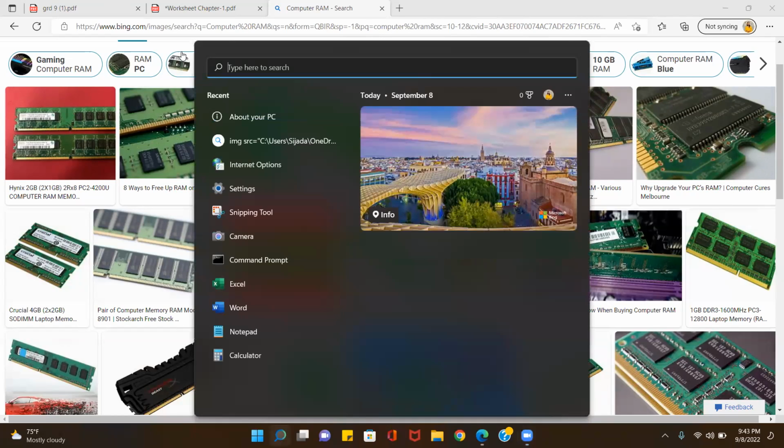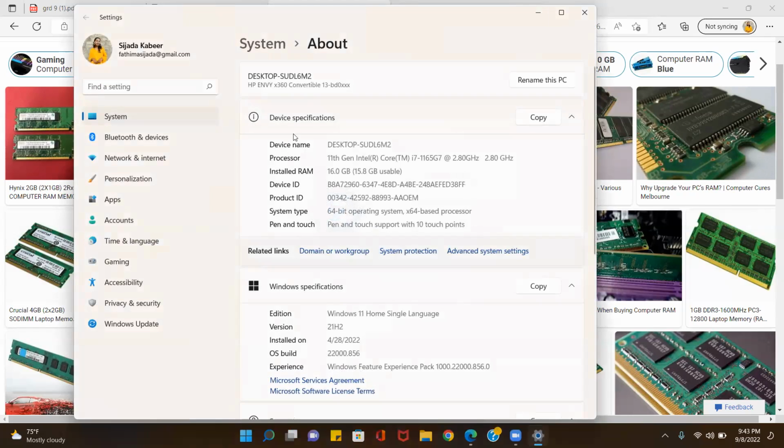Now, on my computer I can go to About PC and look here: my RAM is 16 GB. So when you compare my computer and yours, mine will be faster, because I am running on a 16 GB RAM, whereas you may be running on 4 GB or 8 GB.